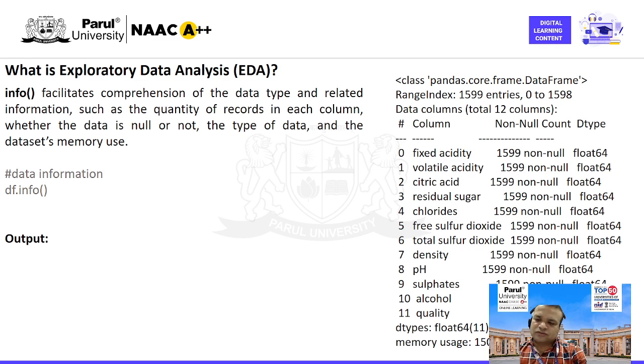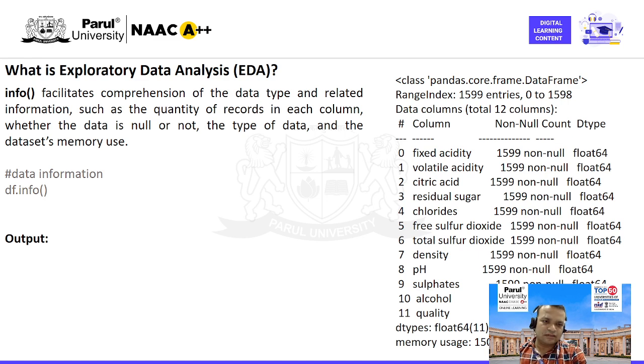Whenever you want to get the information of your data, we use the info function, df.info. Then you hit the execution button and you will get the output. You can see at the right hand side the information of your data, with data type and count also.